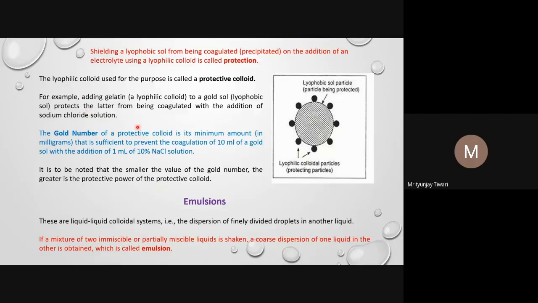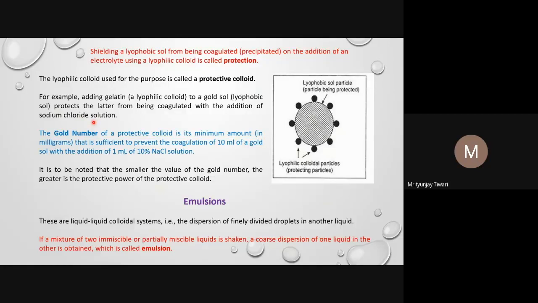For example, adding gelatin, which is a lyophilic colloid, to a gold sol, which is a lyophobic sol, protects the gold sol from being coagulated with the addition of sodium chloride solution. So if we add a small amount of gelatin to the gold sol, this gelatin prevents the coagulation of the gold sol on addition of sodium chloride.